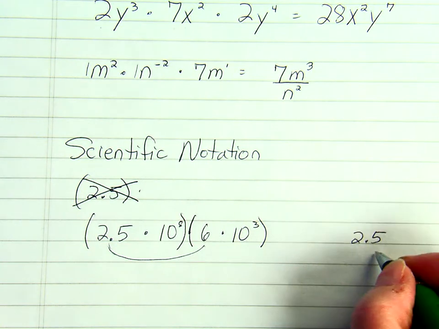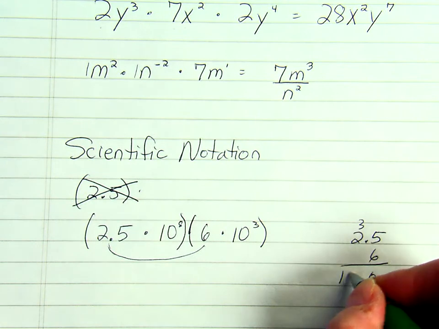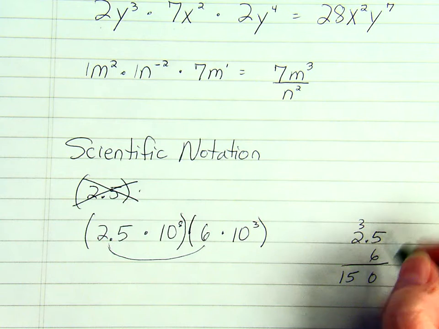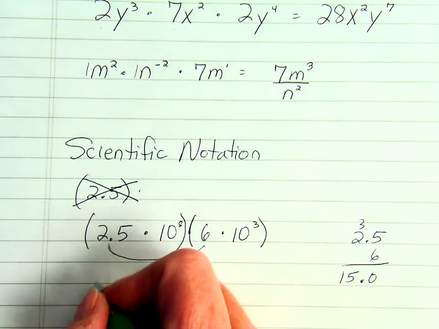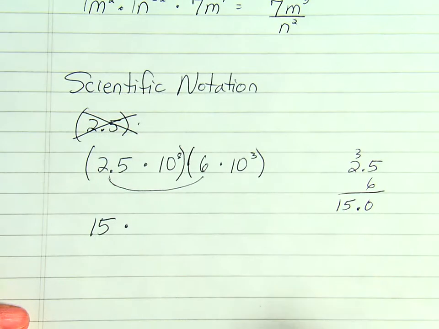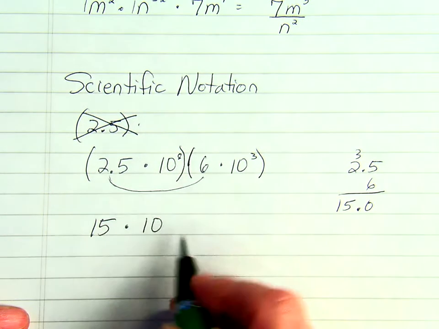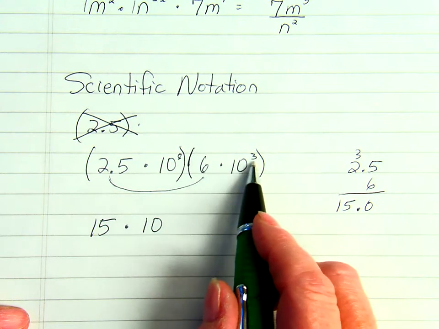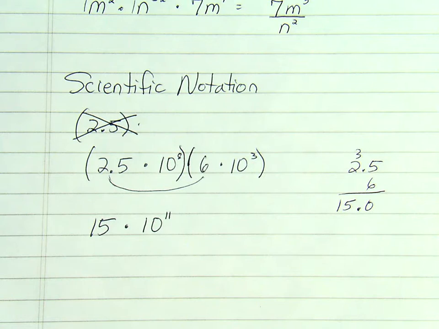I'm just going to come out here and do my math because I want to make sure that I don't have too many bloopers on this reel, because it's not technically a blooper reel. So here's my decimal point here. So I've got 15 times 10. I'm going to add these exponents, 8 plus 3, and that will give me 11.